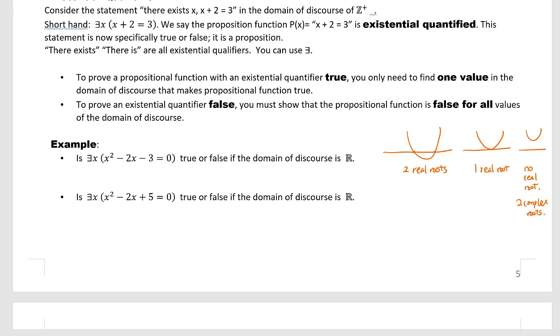So 2 real roots. When do we have 2 real roots? Suppose ax squared plus bx plus c equals 0. What is the quadratic formula? Well, that is x equals negative b plus or minus the square root of b squared minus 4ac, all over 2a, right? We have 2 real roots when the thing inside the square root is positive.